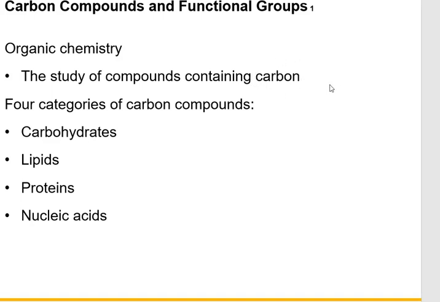That's astounding. Now, we take the carbon compounds that are in our bodies and we break them into 4 macromolecule or huge molecule groups. One of them is carbohydrates, one's lipids, one's protein, and one is nucleic acid. So those are your macromolecules made from carbon.